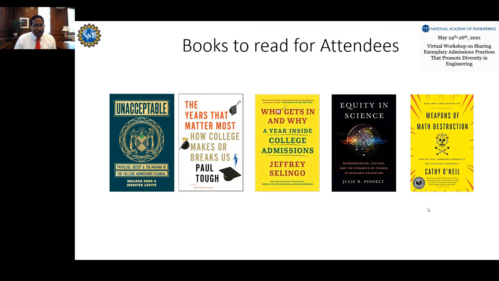Dr. Posselt talked about equity in science. And there was another discussion in the AI ML session about Weapons of Math Destruction and how one can use data in a negative way if you don't understand what the biases are in your assumptions in using that data. So all of these books are good reading material for all of you.